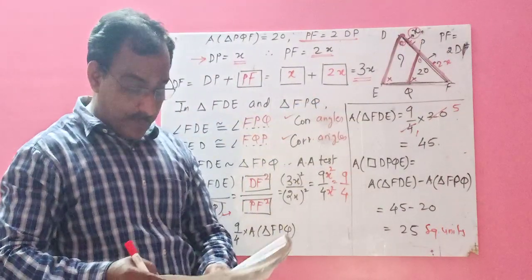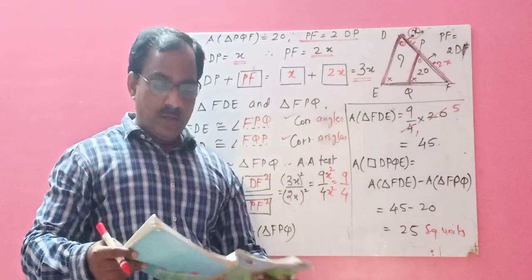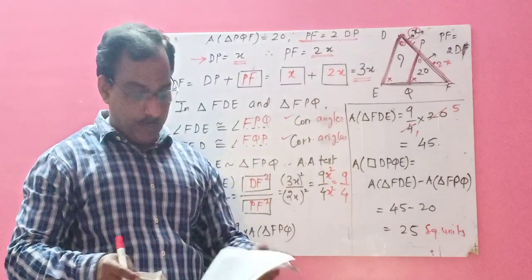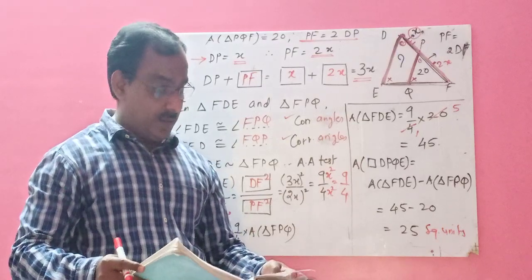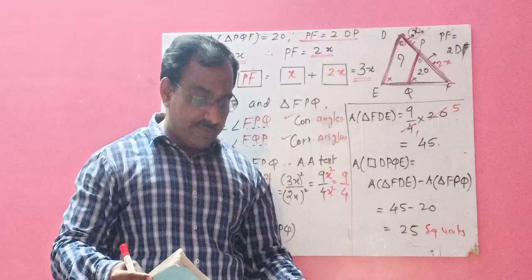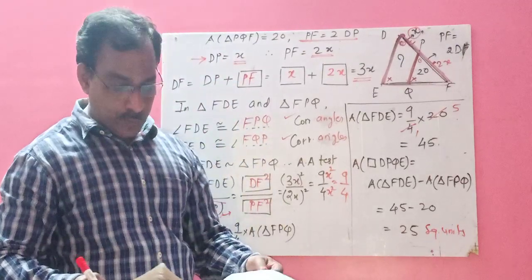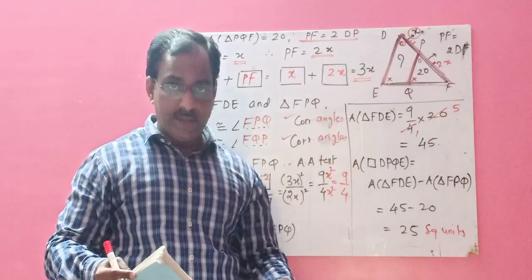So here I have completed your exercise number 1.4. Now children, I have already given you some problems as homework in my previous video. After exercise 1.4, I will start with the miscellaneous.